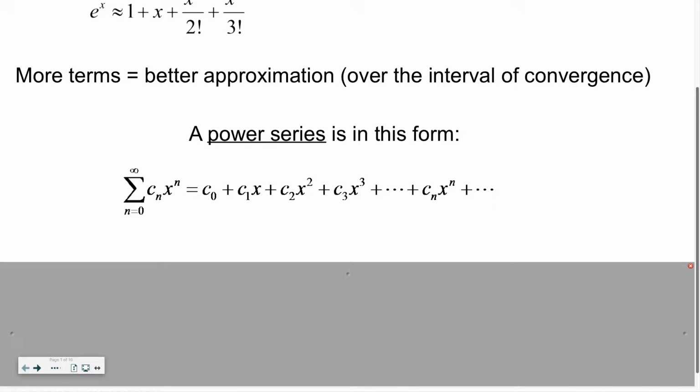This is called a power series. Okay? So it's basically, on Tuesday I gave me a 5th degree polynomial, give me a 6th degree polynomial. Well, here a power series is we just keep on going to infinity.